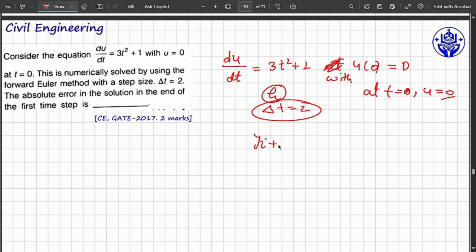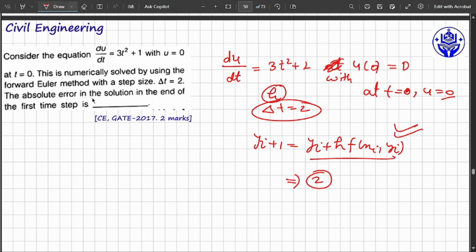Easily you can find y(i+1) = yi + h times f(xi, yi). This is the formula. After putting all these values, you get the solution 2 at 1. This is the simple numerical scheme after putting all these values.